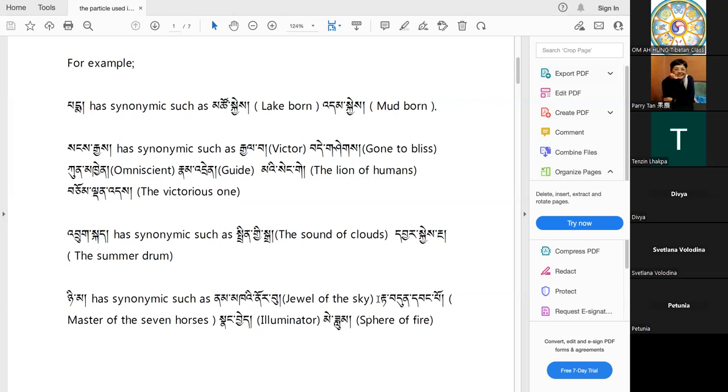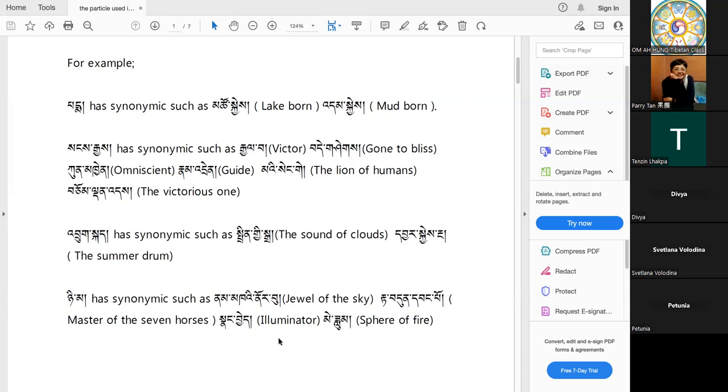No, we're referring to it as the god, the sun god, which rides a chariot with 7 horses. And here we understand that it's a sphere of fire. So therefore, synonymics have multiple functions and multiple uses, especially in poetry.